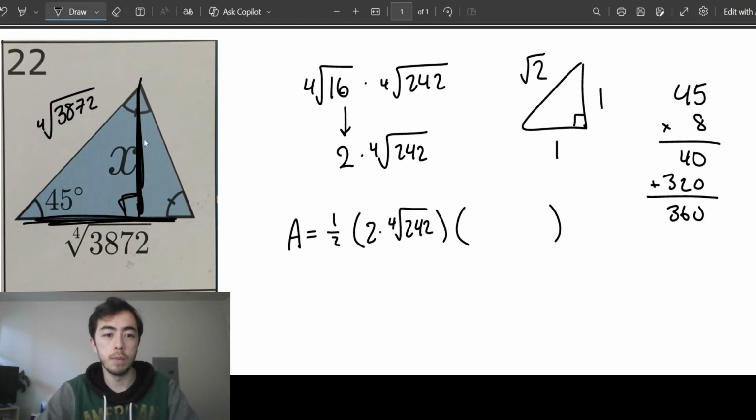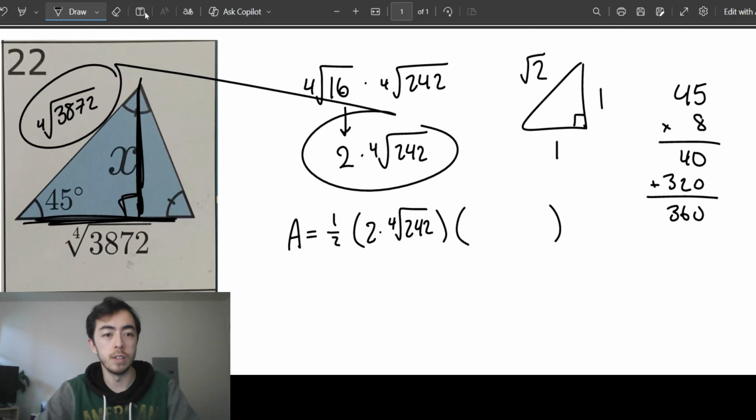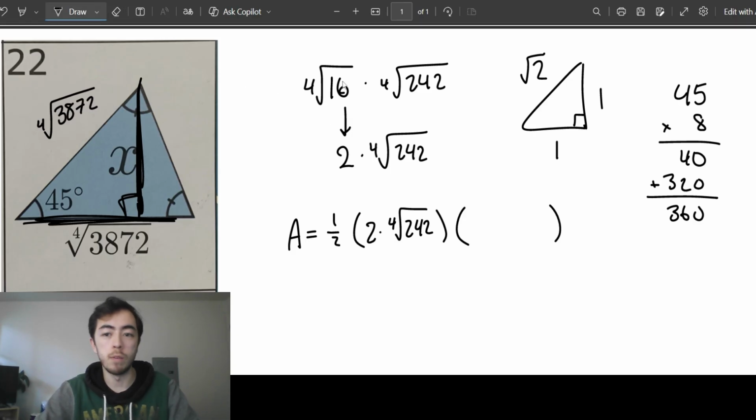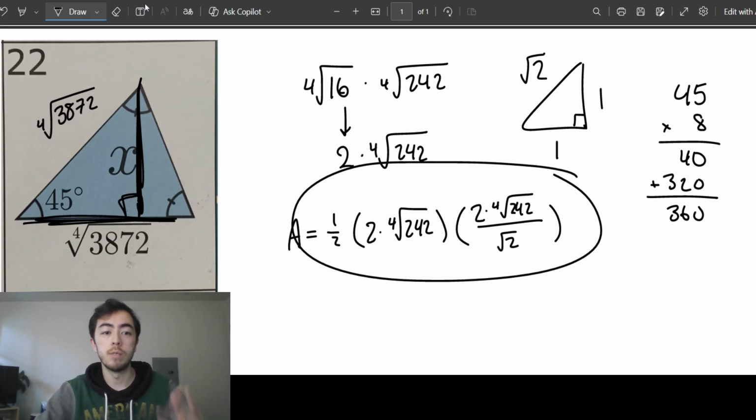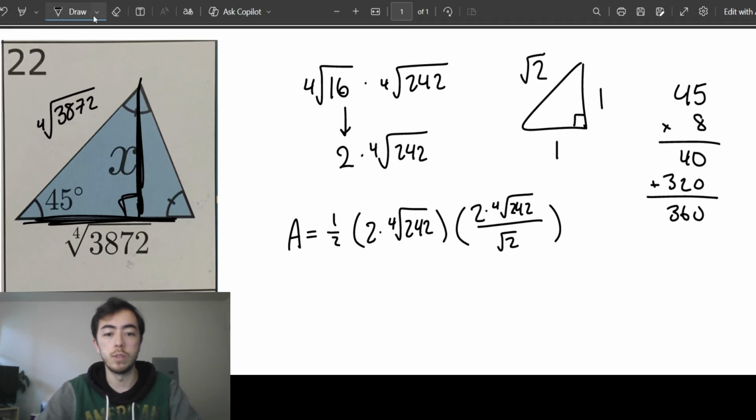And so I can just take my hypotenuse number, which I guess again is still this, and divide it by root 2 to get information about this leg right here. And so that number is going to be 2 times the fourth root of 242 divided by root 2. And so this number right here, hopefully, simplifies to 22.